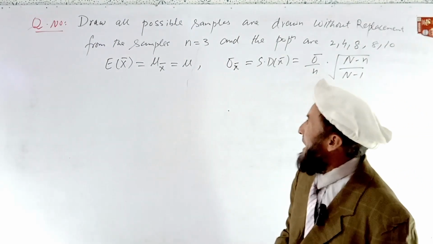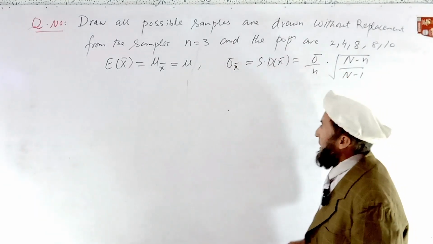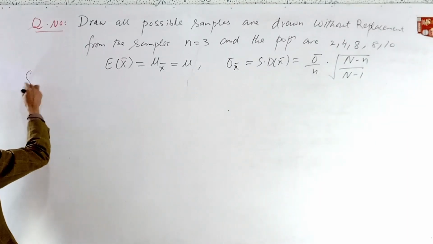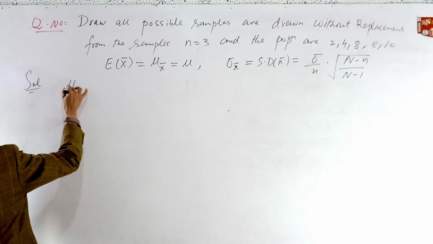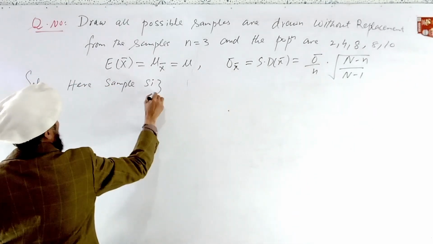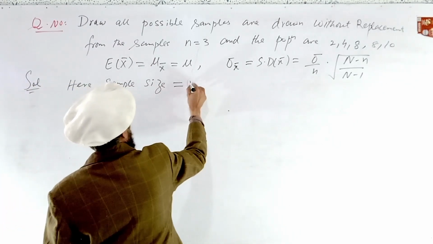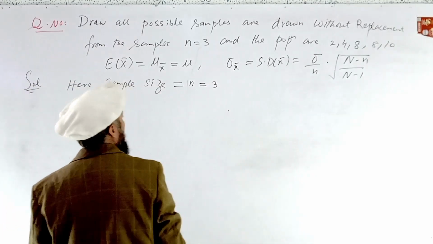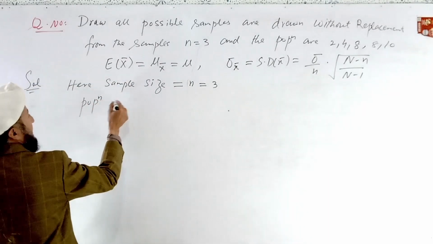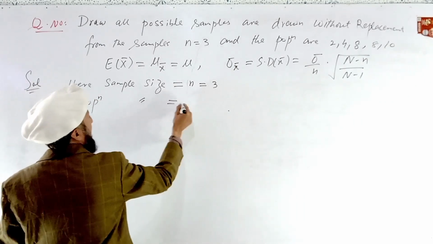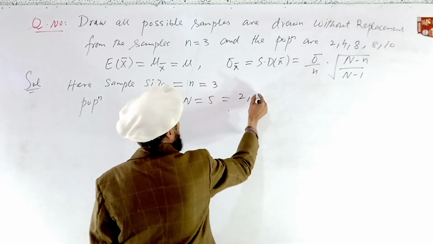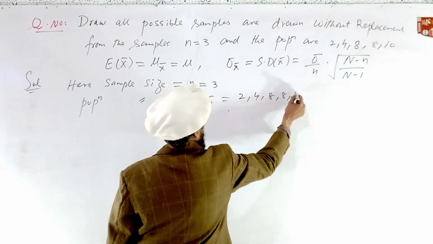First of all, we draw all possible samples in the without replacement case. The sample size is denoted by small n, which is given as 3, and the population size is given as 5, with values 2, 4, 6, 8 and 10.